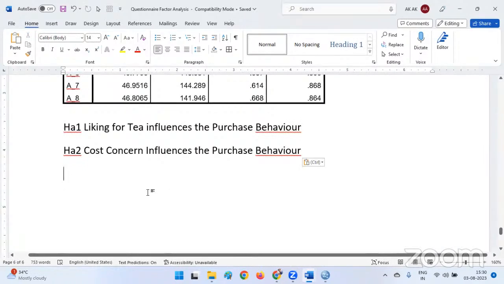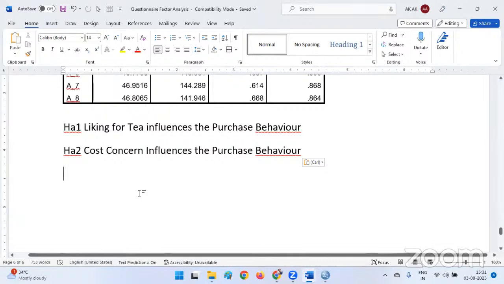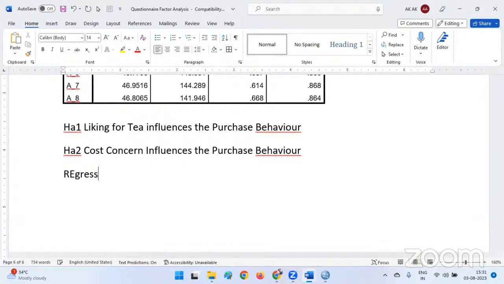Now I would apply regression analysis to find out whether liking of tea influences purchase behavior and cost concern influences purchase behavior.